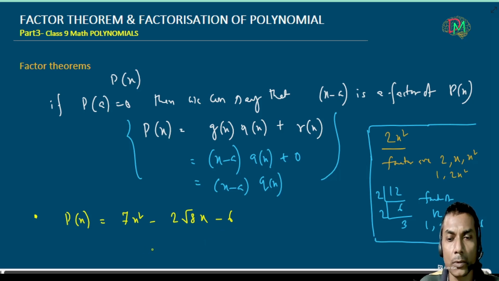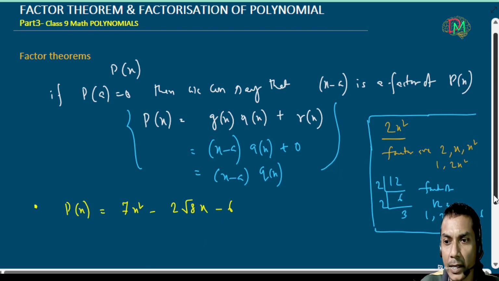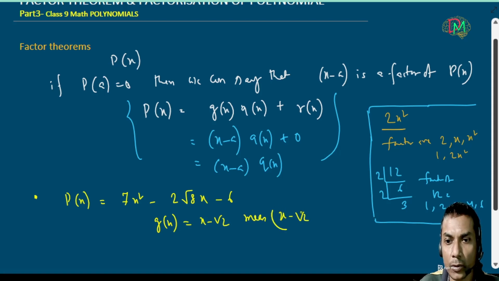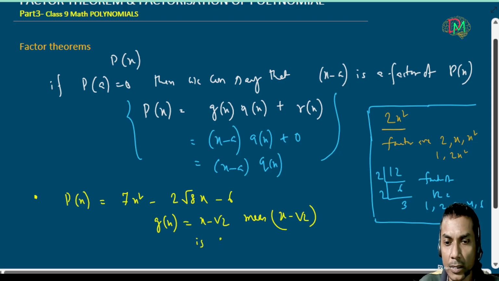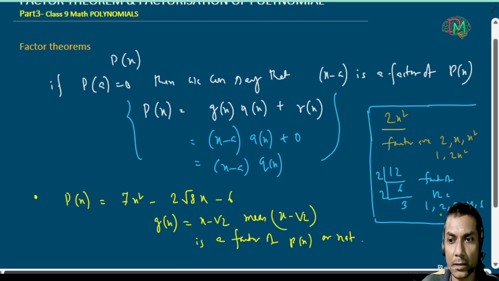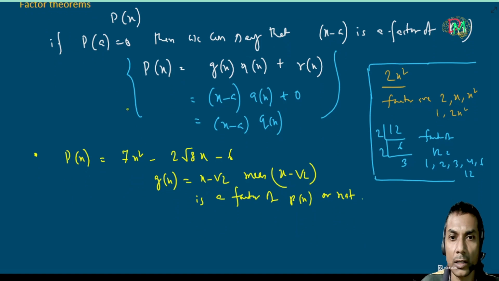We have to find out whether g(x) is equal to x minus root 2, that is, whether x minus root 2 is a factor of p(x) or not. Factor or not, we have to check it. Clear? This is the question.